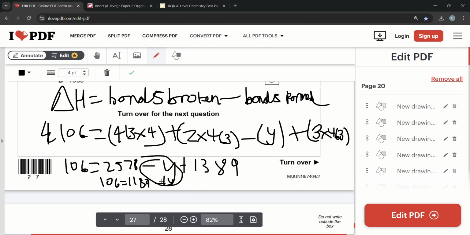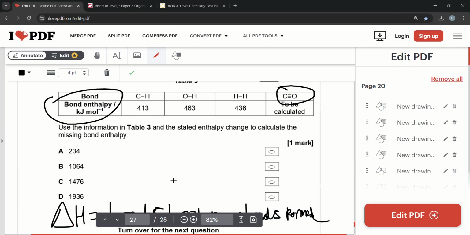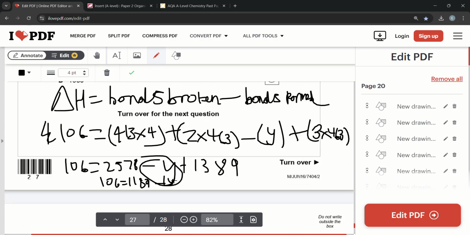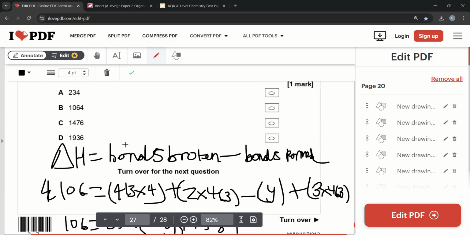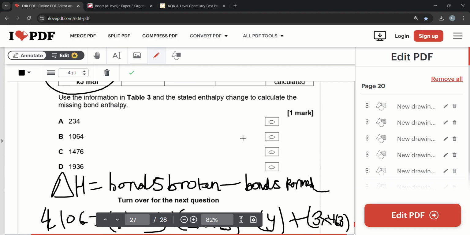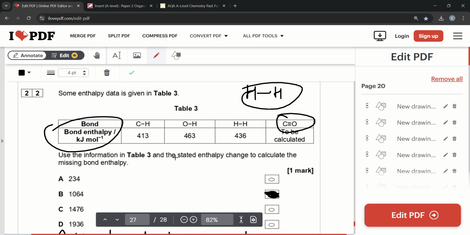So y is equal to 1189 minus 106. Should get 1064.